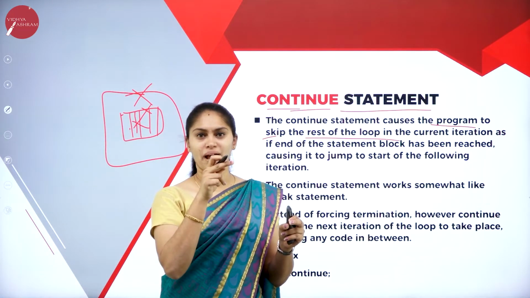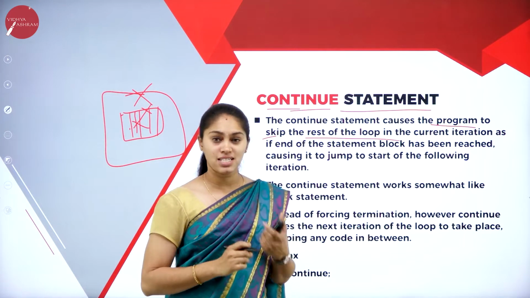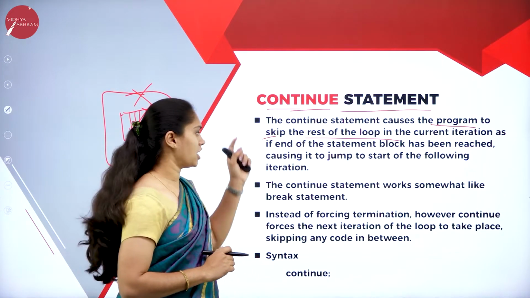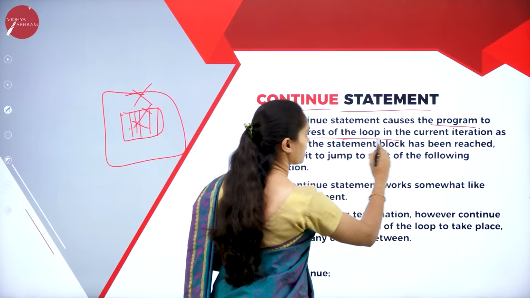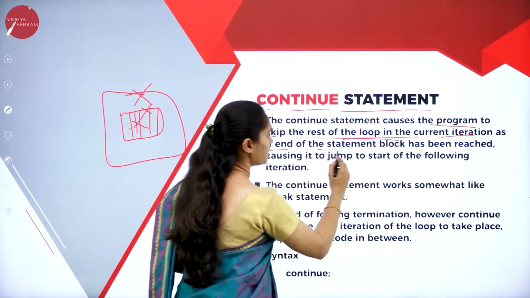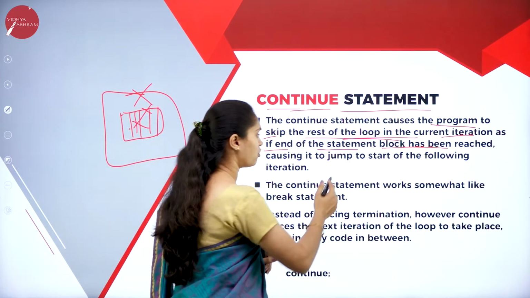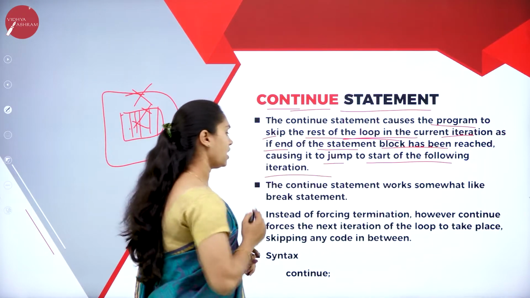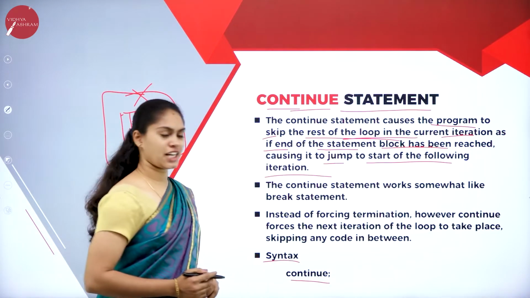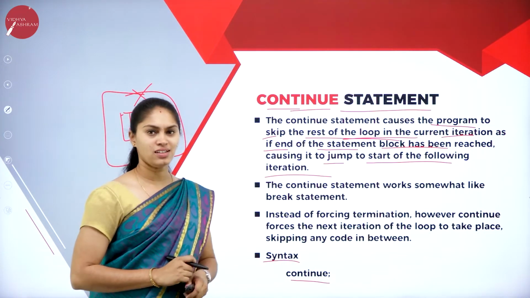The control goes back to the test condition of that loop. It skips the rest of the loop in the current iteration as if the end of the statement block had been reached, and jumps to the start of the following iteration. The syntax is just the continue keyword along with a semicolon.